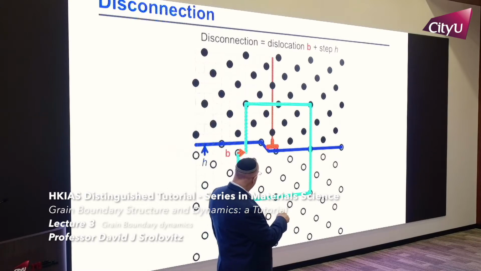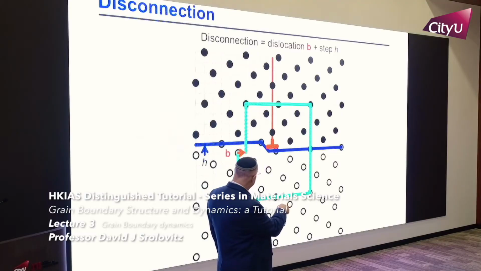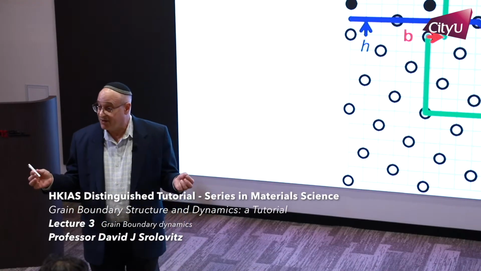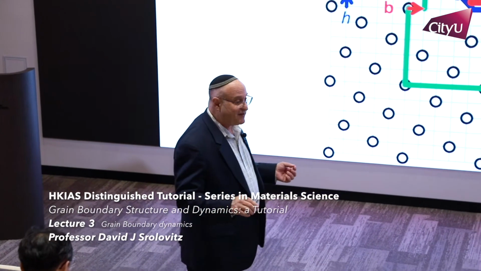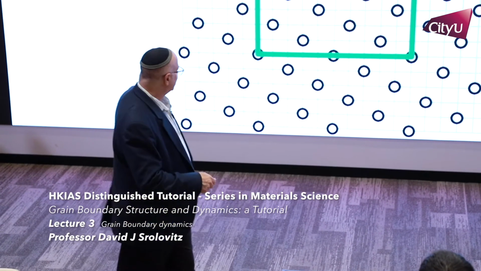But now all I did is that translation, that slip along half the slip plane, which here is the grain boundary. When I do that sliding by one translation vector here, you can see if I go around, I still have a Burgers circuit, where the Burgers circuit tells me there's a closure failure. So I've got a Burgers vector. So this defect, just like the dislocation, has a non-zero Burgers vector.